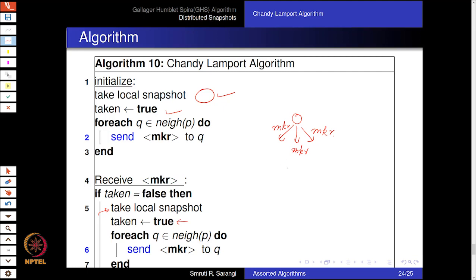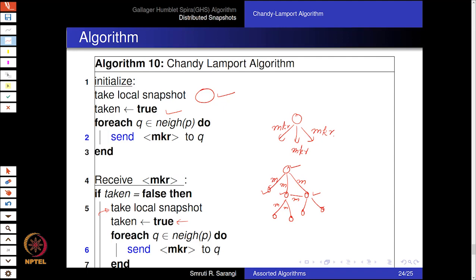One thing that is clear is that, if I have a system like this, and I take a snapshot, I send a marker to these three nodes. Each of these nodes then takes a snapshot, and then they send a marker. Let's say the marker is sent here, here and here.